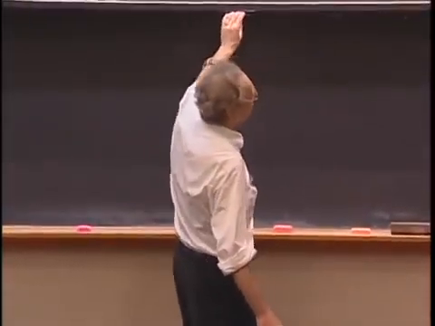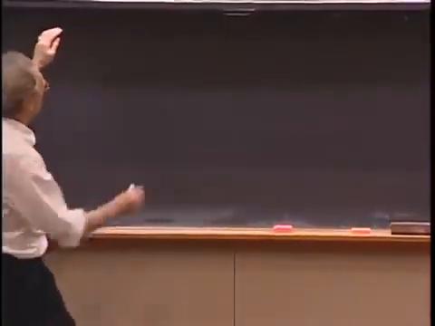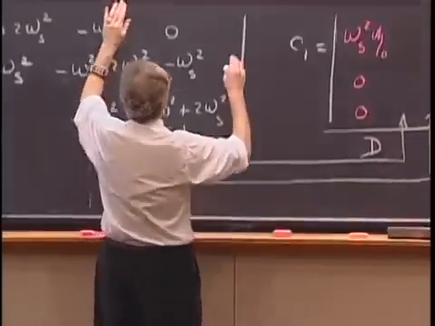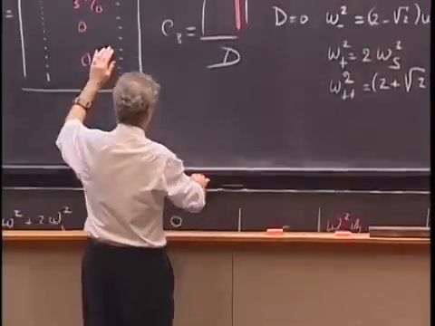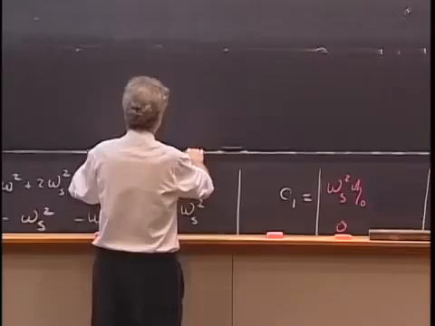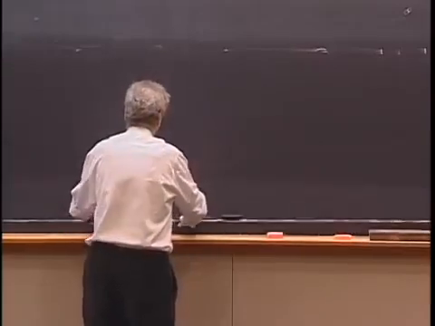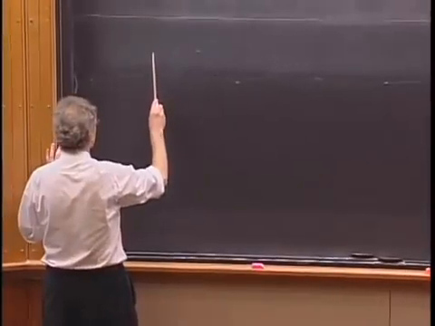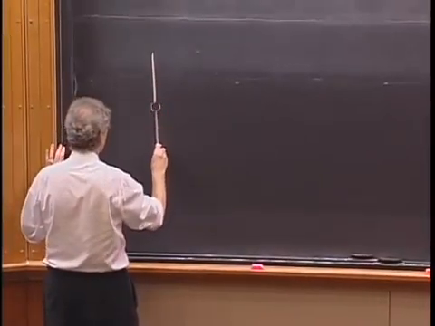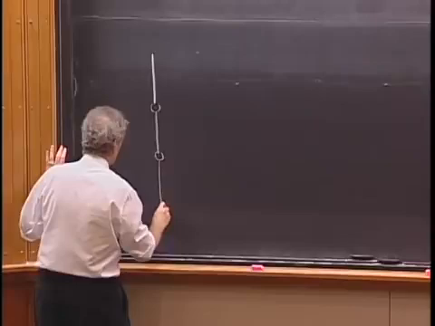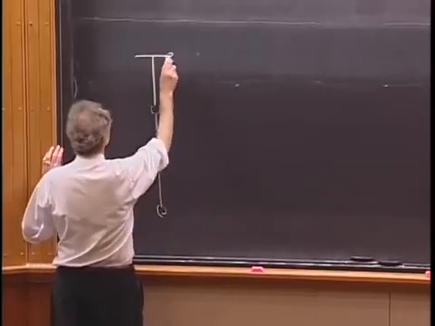So, that triple pendulum, let me put these down so that we have not so much shadow on this board. Triple pendulum. This is a triple pendulum. And we're going to drive it here.